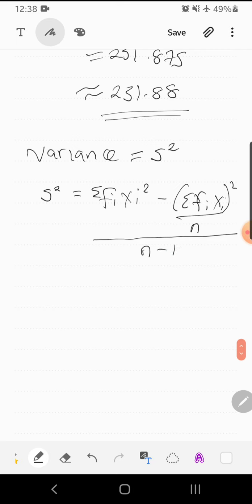The goodness with using this formula is that the fi times xi, usually you would have it, because this is the term that you use in finding the mean.